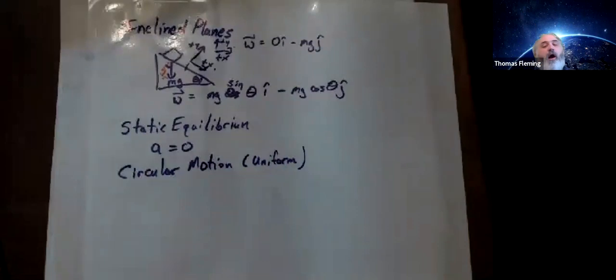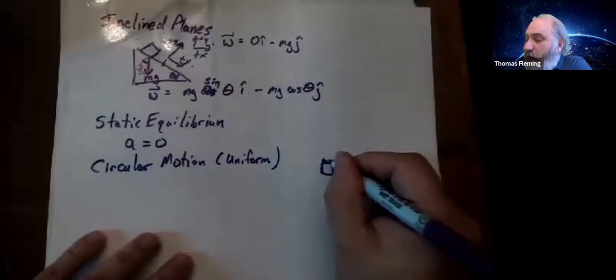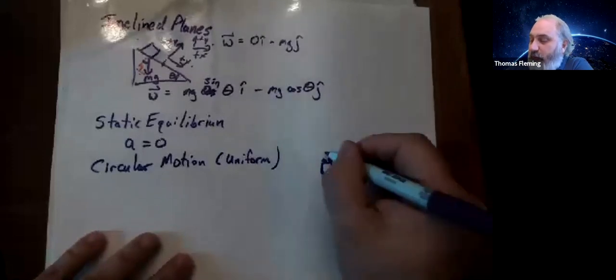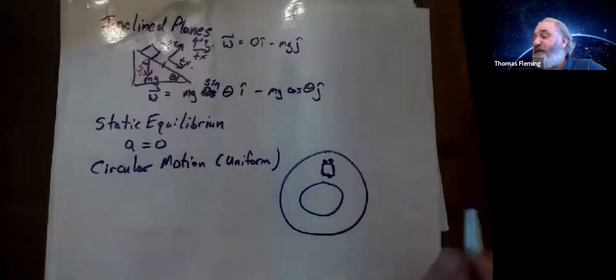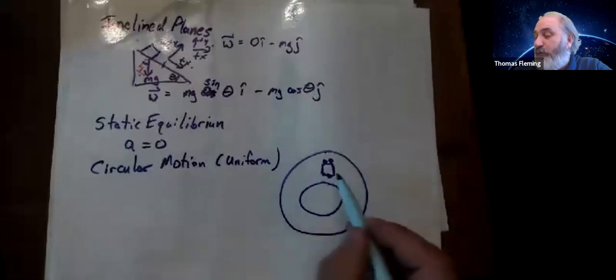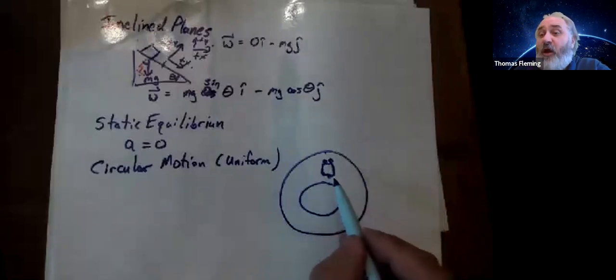But notice, constant speed does not mean the same thing as constant velocity. So if I have a guy who's, say, driving his car, and I'm looking at him from above, around a circular track, even if his speedometer says 60 miles an hour the entire way around that track, his speed may be constant, but his velocity is most definitely not constant.